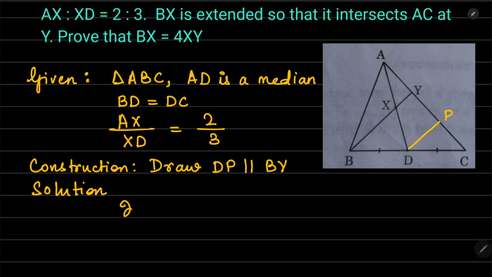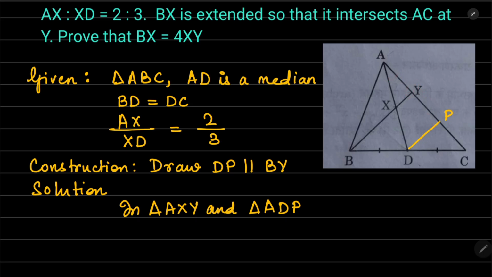Okay, so in triangle AXY and triangle ADP, look at this. First of all, look at this angle. This is a common angle. That's the first thing. And the second one is this AYX and APD. These are corresponding angles. So using this angle similarity, these two triangles are similar.